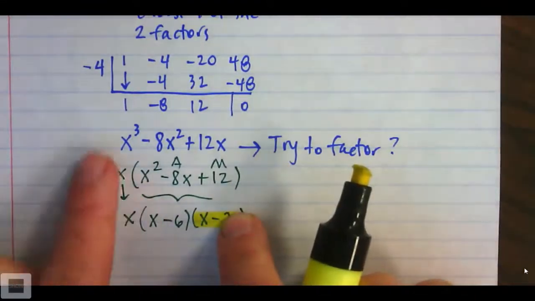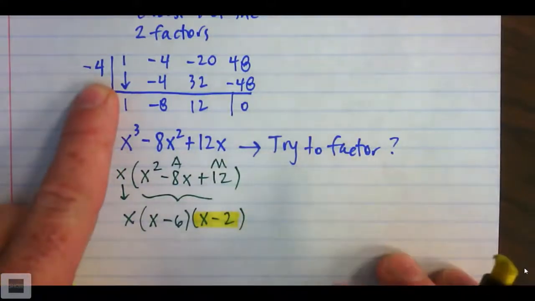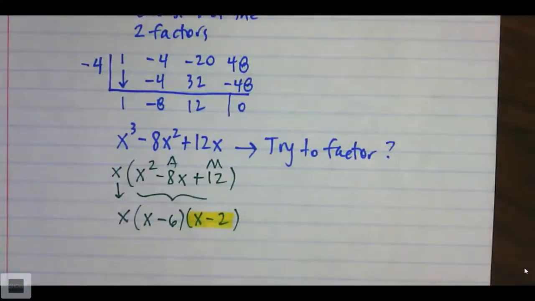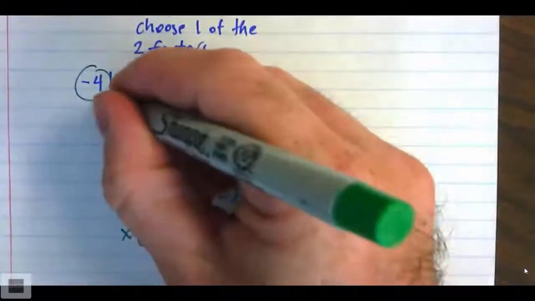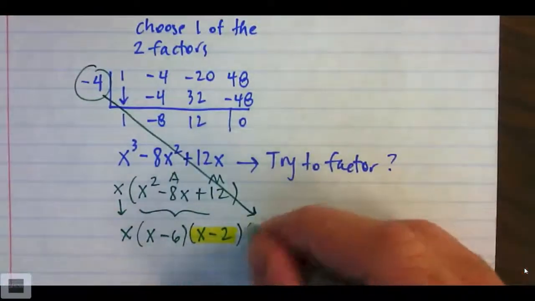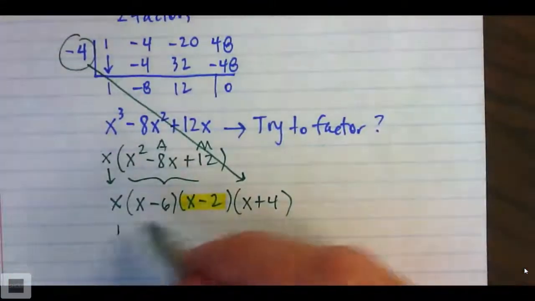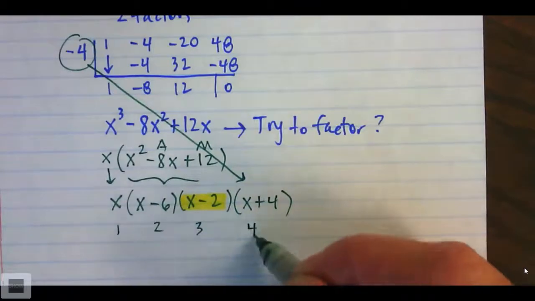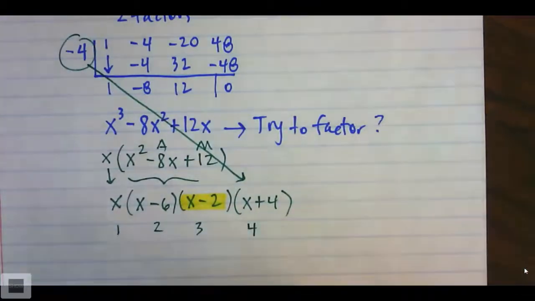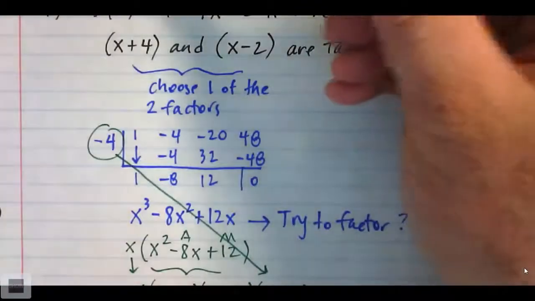So that means this other factor is x plus 4. So I'm going to add that to my answer. So this x plus 4, I can put it at the end if I wanted to. And notice I have 1, 2, 3, 4 factors. And that means I'm going to have 4 answers, and my degree is 4.